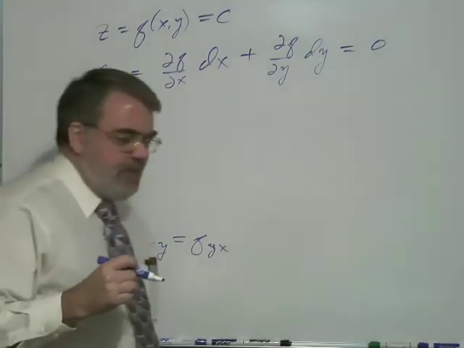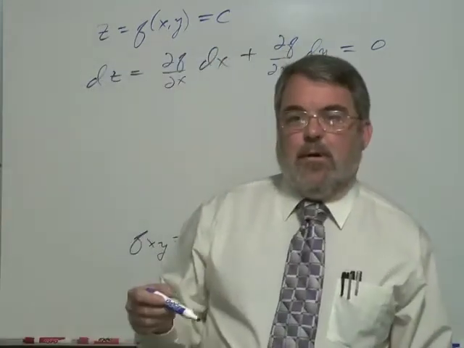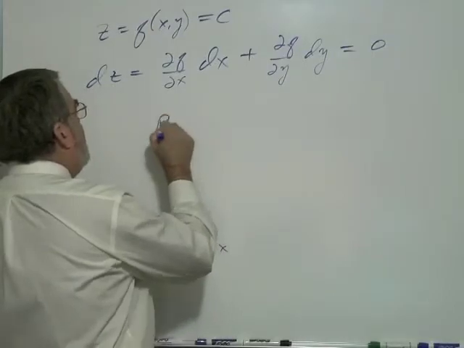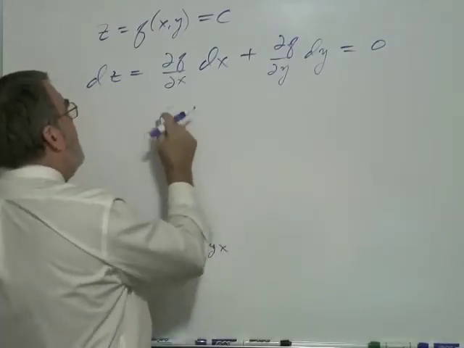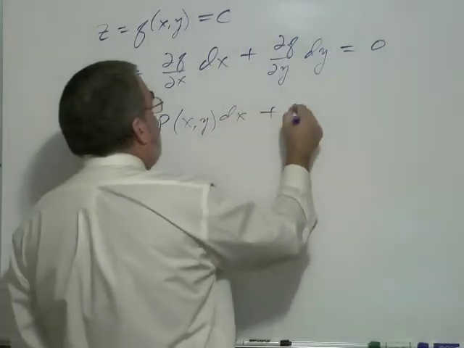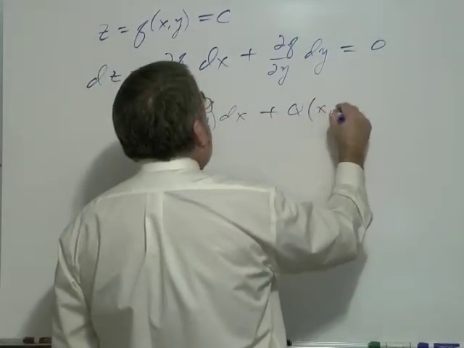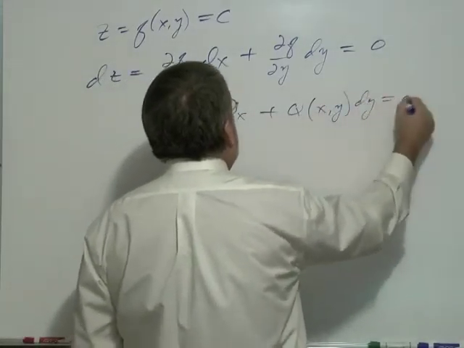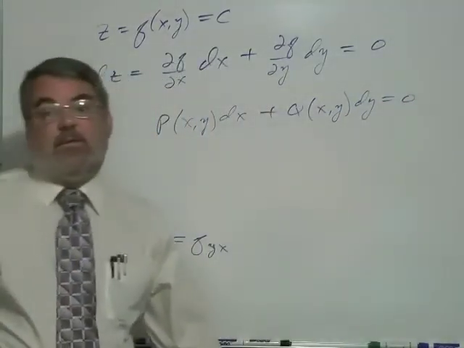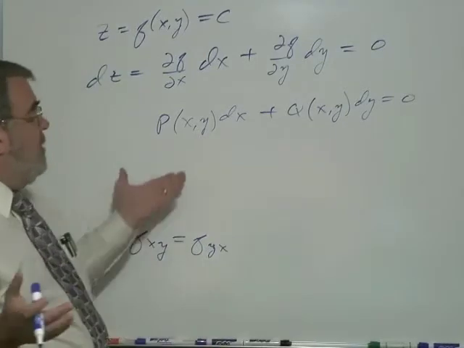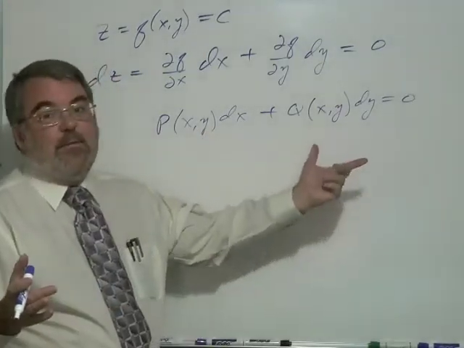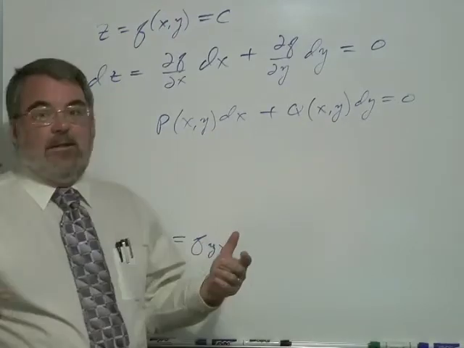Now, written as a differential equation, exact differential equations are spoken of in these terms: P of x, y, dx plus Q of x, y, dy equals 0. You've already seen differential equations like this, particularly the ones with homogeneous coefficients and the ones with linear coefficients.